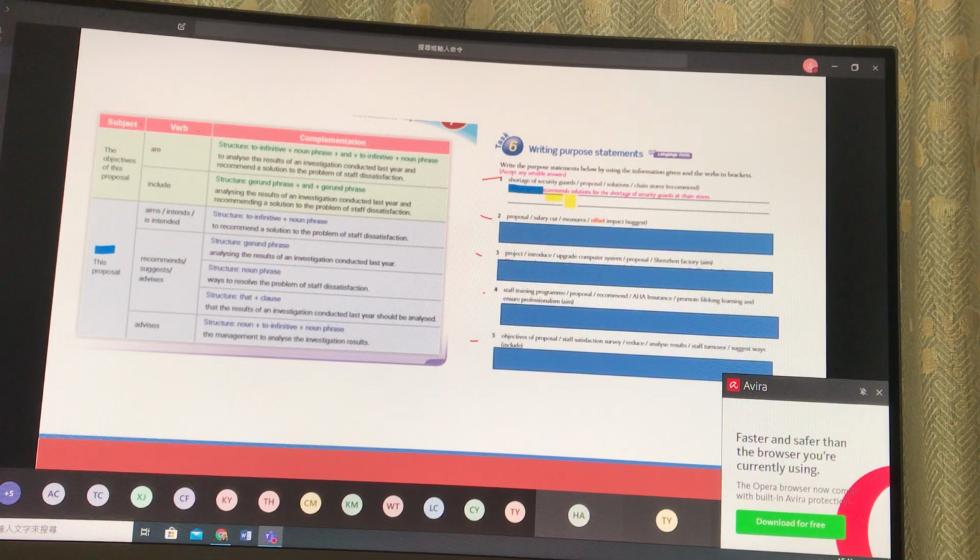And then we have recommends solutions for the shortage. Recommends. Right, so recommends comes from here, and then the rest comes from here for this information. So try your best to use the subject, the verb, and then the complementation to write a sentence using these examples. Please try to write an answer in the Telegram group.